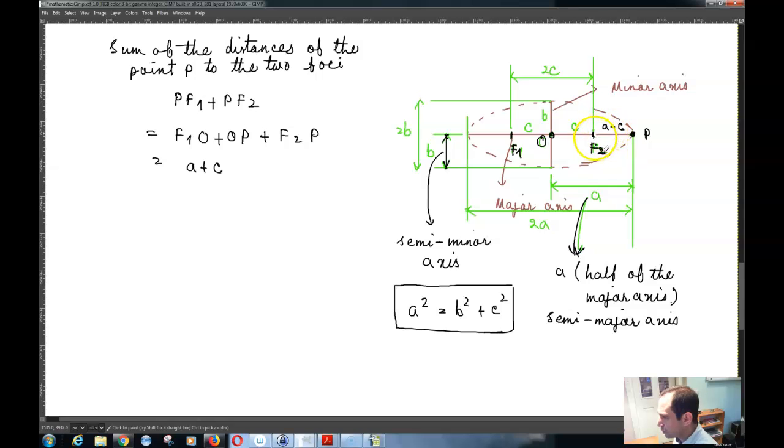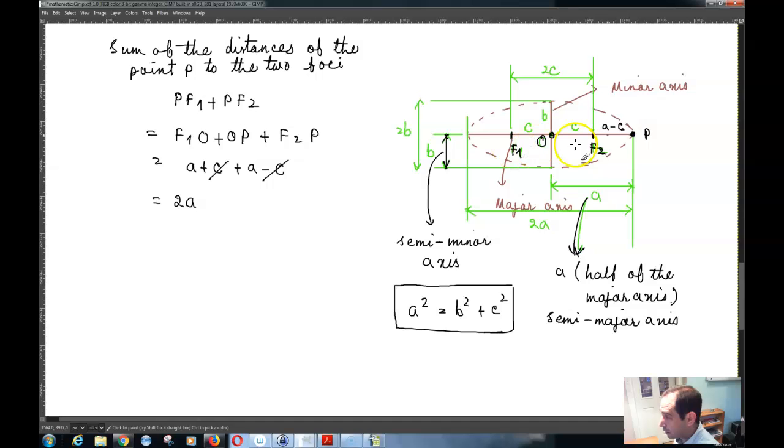And F2P is basically this distance over here, which is a minus c, plus a minus c. So then you can cancel these two out, and you will be left with 2a. Now this is important.